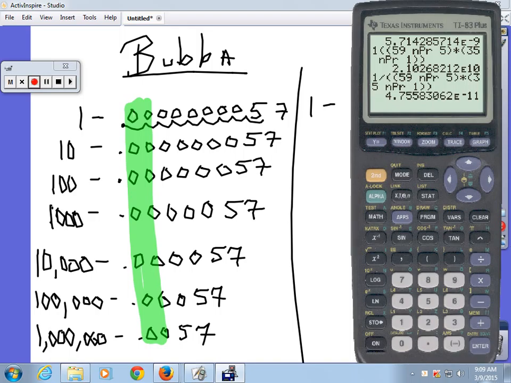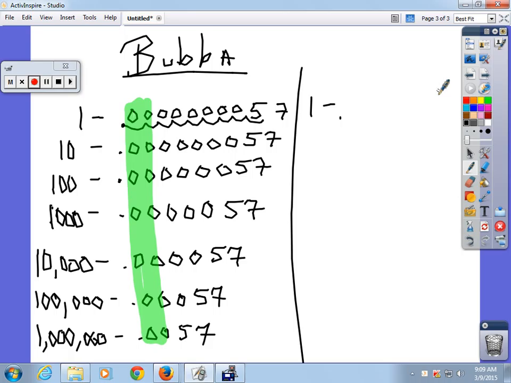4.8 to the negative 11th power. 4.8. 1, 2, 3, 4, 5, 6, 7, 8, 9, 10, 11. So that's 1, 2, 3, 4, 5, 6, 7, 8, 9, 10.